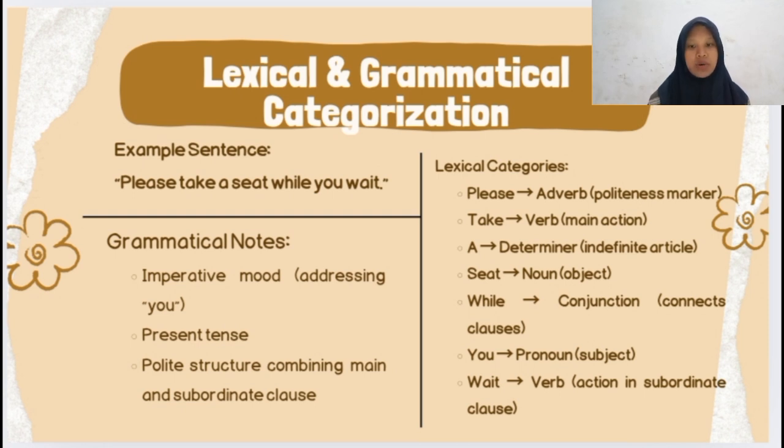The structure combines an imperative clause with a subordinate clause, which gives it both a functional and courteous tone. This example shows how syntax and social context work together to create polite and natural expression in English.